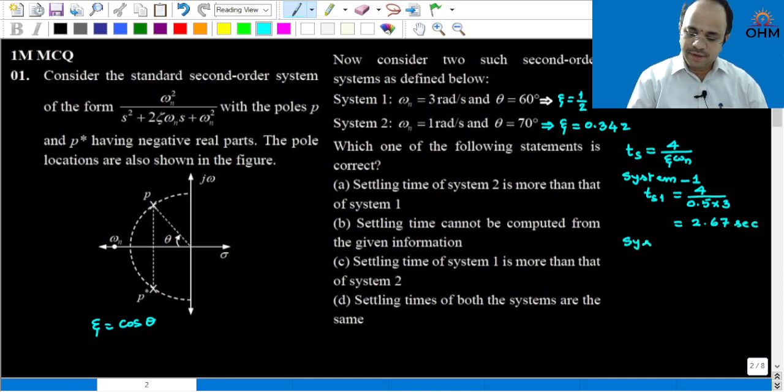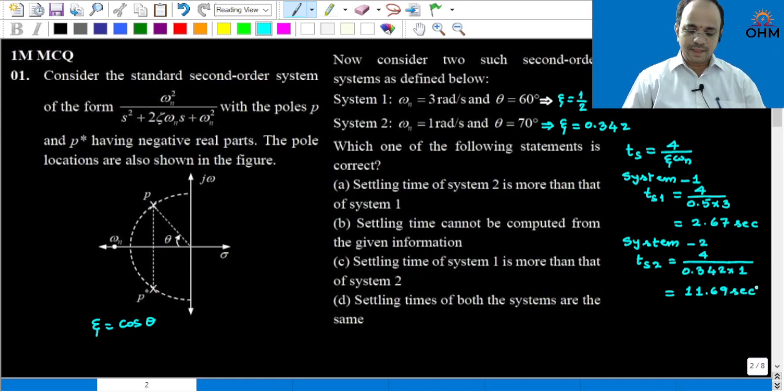In the similar way, for system 2 settling time, again same formula, 4 divided by zeta value 0.342 multiplied with omega n equal to 1. This value is 11.69 second. Therefore, by seeing these two numericals, we can conclude settling time of system 2 is more than that of system 1. Okay. So, this is the answer.